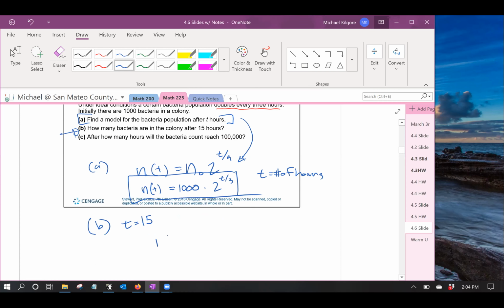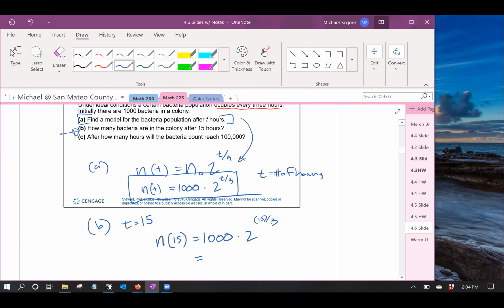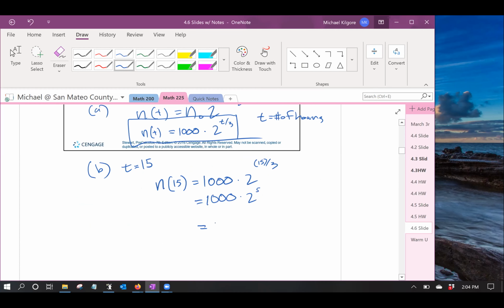So I'm going to do my function n of 15 is equal to 1,000 times 2 to the 15 divided by 3. Whoa, which means that it doubled 5 times. Which is 2 to the 5th power. So if you do this, then it's going to be 32 followed by 3 zeros. So there's going to be 32,000 after 15 hours.